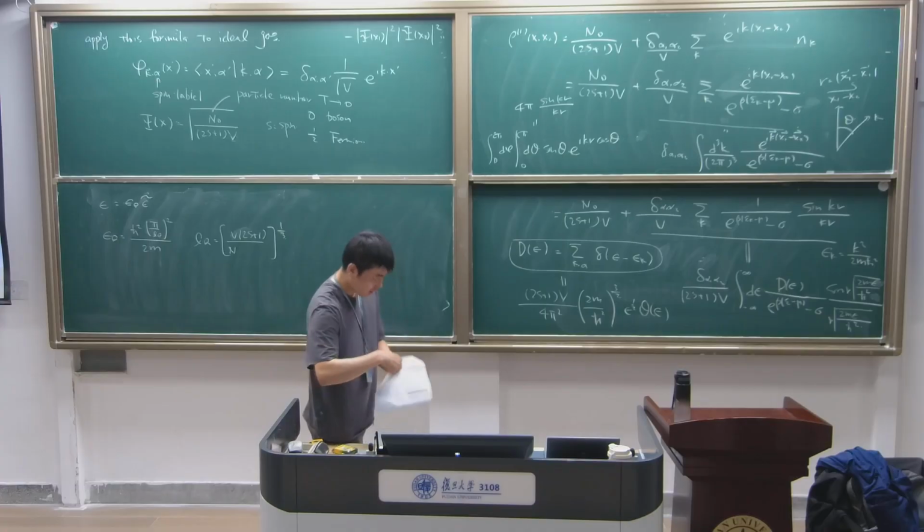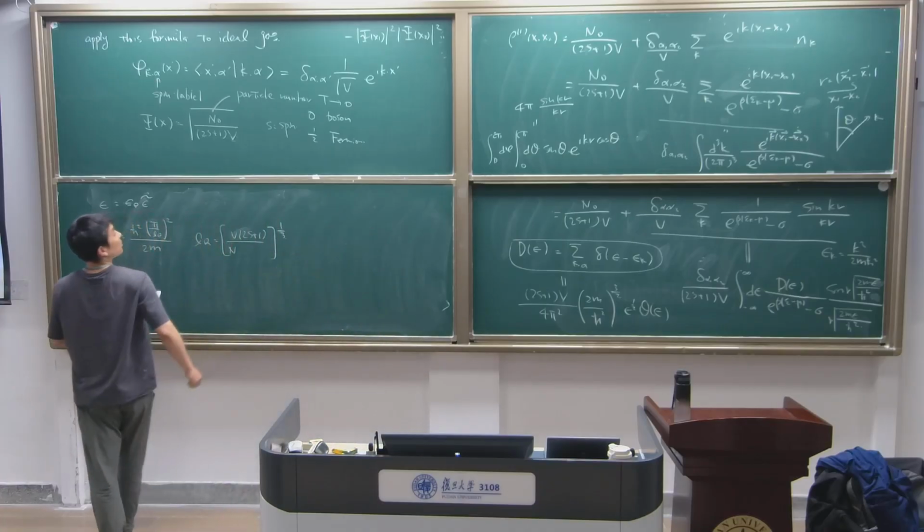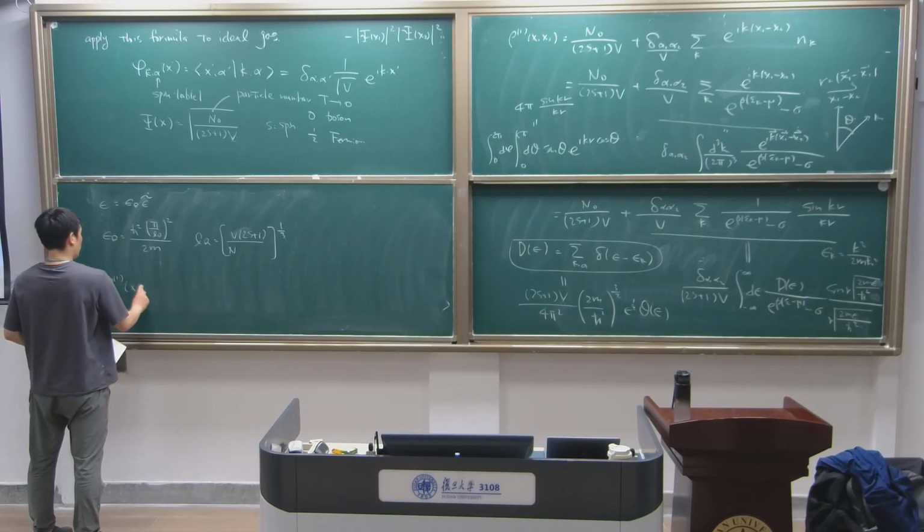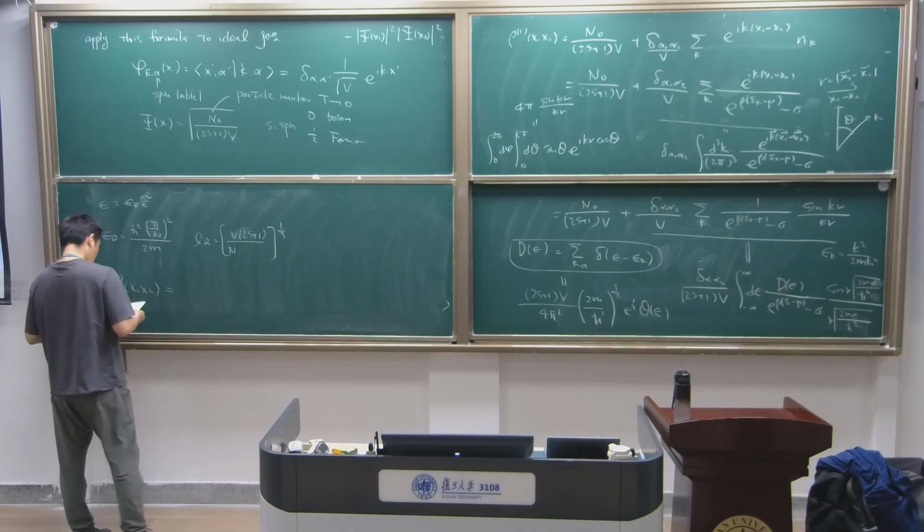Okay, so that's the tilde version, and if you rewrite everything in terms of the tilde version, rho 1 of x1 and x2 can be written as follows.